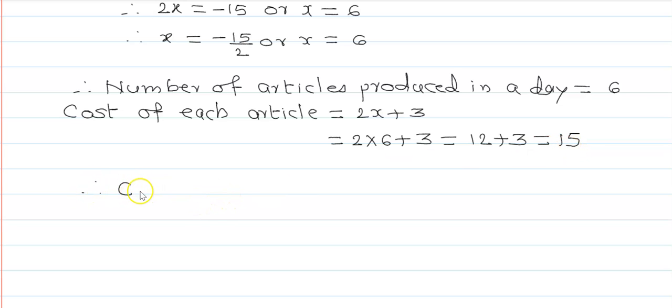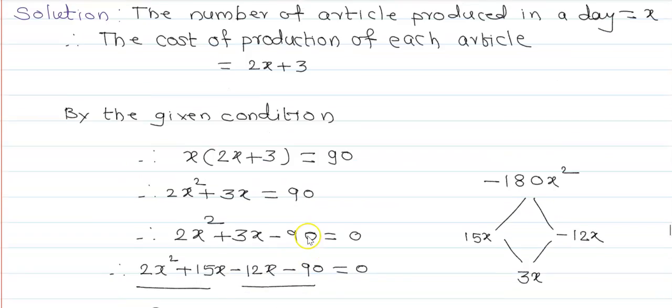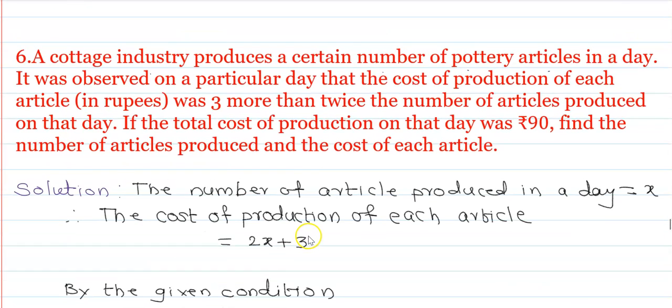Therefore, cost of each article is equal to rupees 15. And the number of articles is 6 and the cost of each article is rupees 15. Okay, let's see this also.